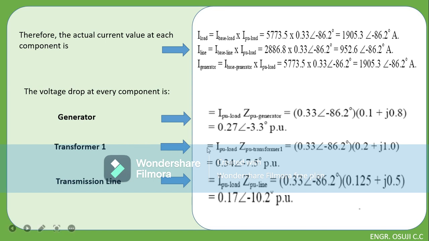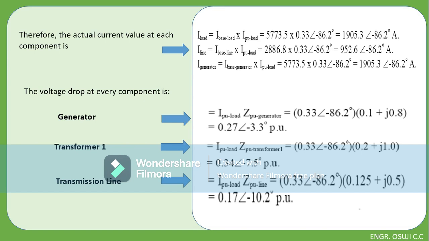What about across transformer 1? We have the per unit current passing through the transformer, which is also the same thing as the per unit load current, multiplied by the per unit impedance of transformer 1, and that is that, and you have this as a solution.